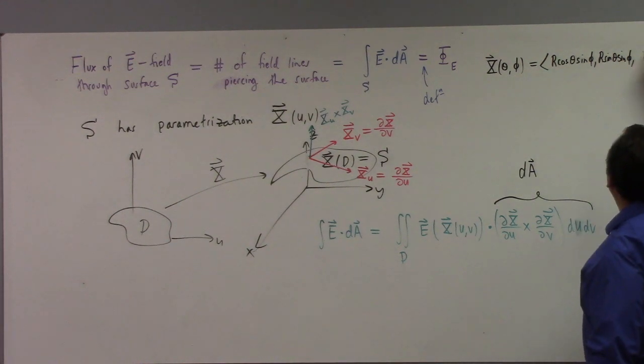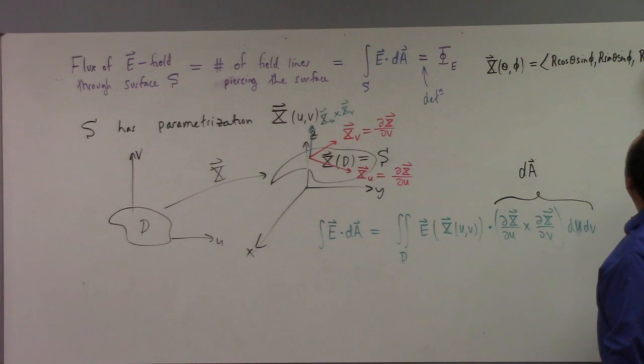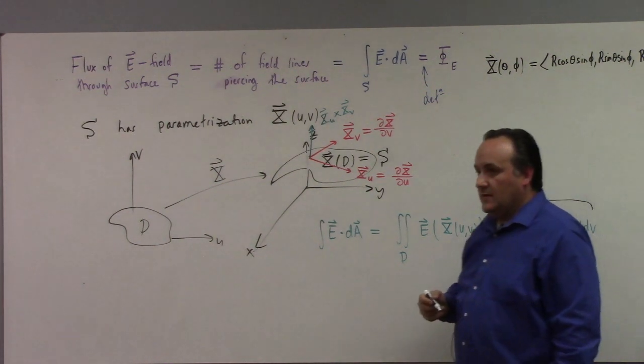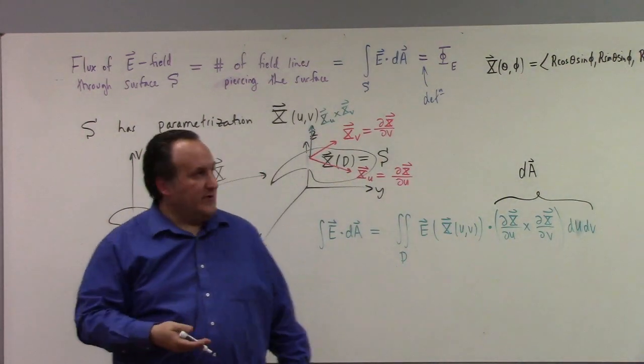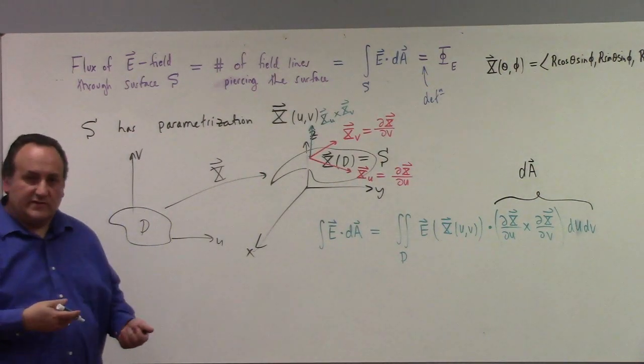These are not the physics and engineering ones. Physics and engineering tends to have the roles of theta and phi swapped, so watch out for that. But if you do this, this is the parameterization of a sphere using spherical coordinates.